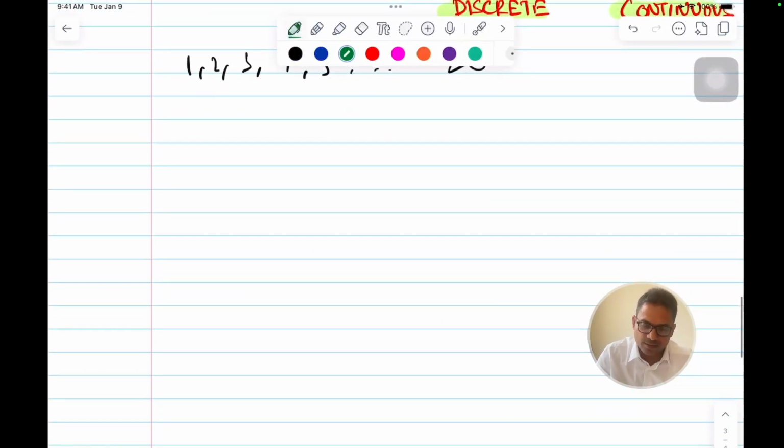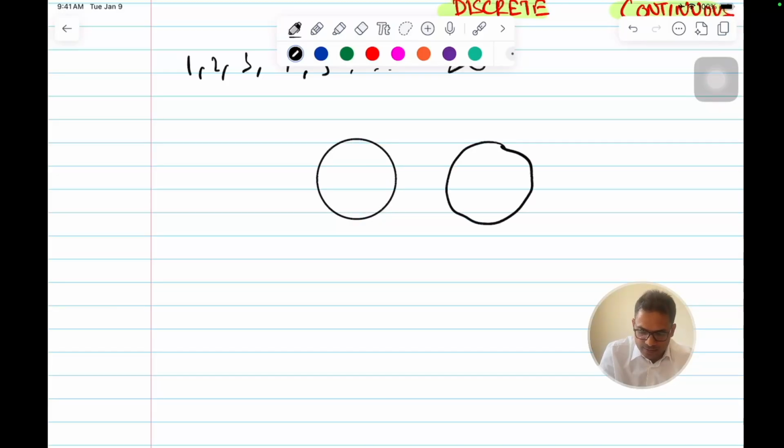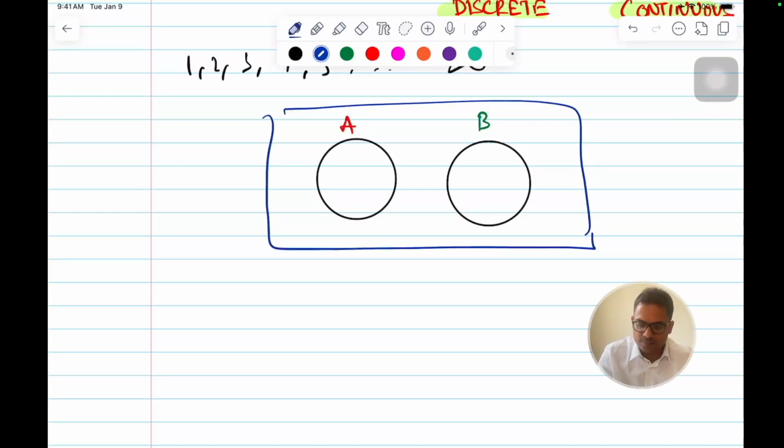So what do you mean by the literal meaning of mutually exclusive? Mutually exclusive also means disjoint. If you see from the set theory perspective, if there are two sets, say for example there is a set A and there is a set B, there is no overlap.